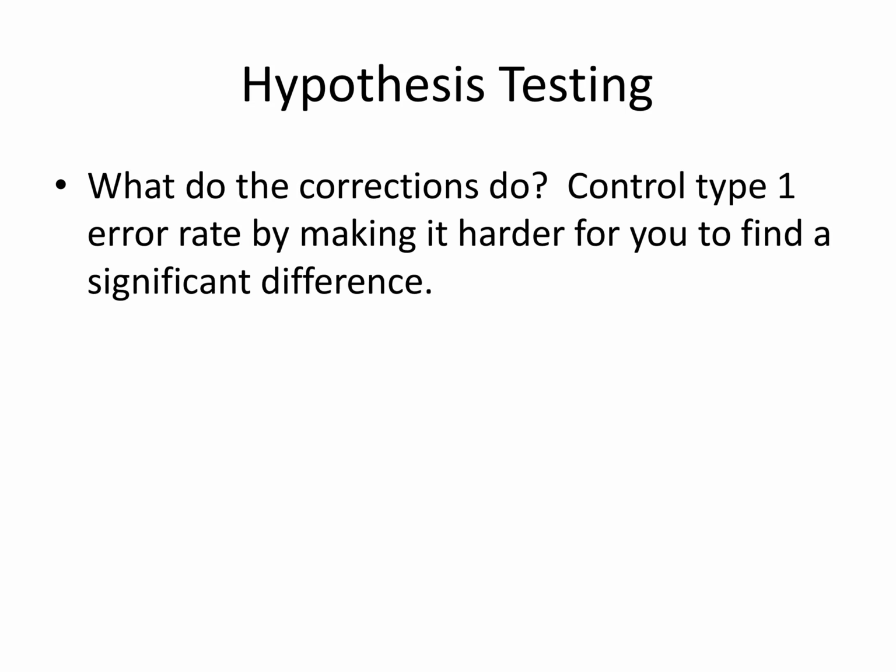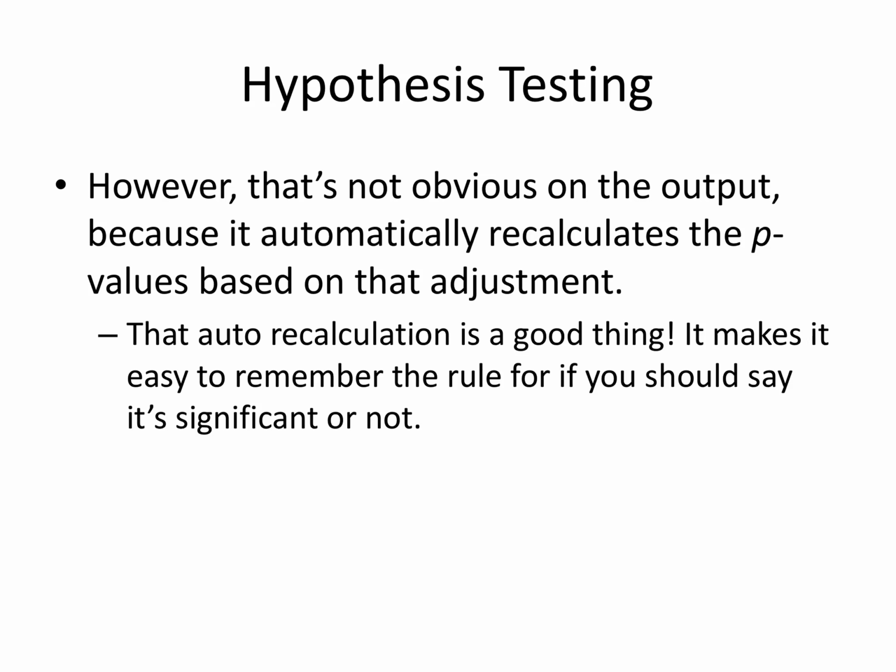All right, so what is the purpose of corrections? Well, corrections correct. So they control type 1 error by making it harder for you to find a significant difference. So it makes it harder for you to cheat effectively. And the way they do that is by changing the cutoff score required.